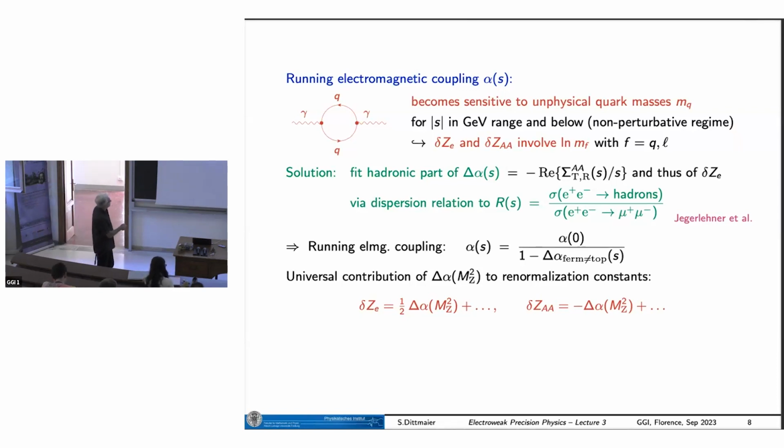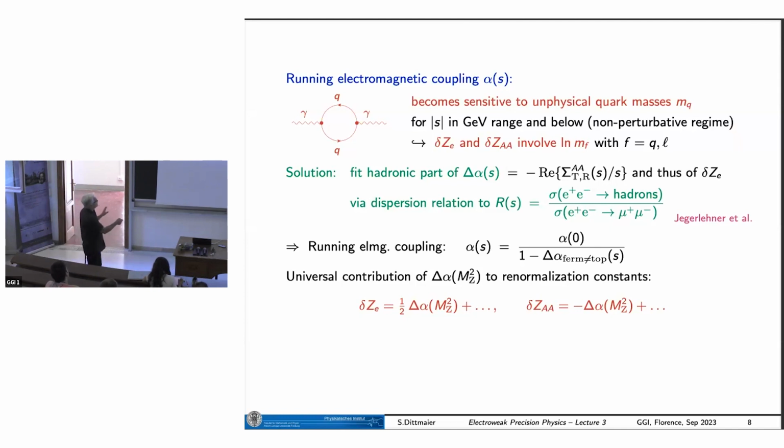Similarly, such terms appear also in the photon wave function renormalization constant. You have to make sure that the way they go into your calculation, into a prediction, is in such a way that these quark mass logarithms drop out, because otherwise you build up some sensitivity to non-perturbative physics.